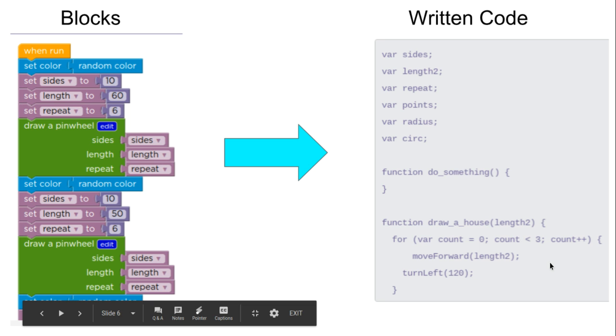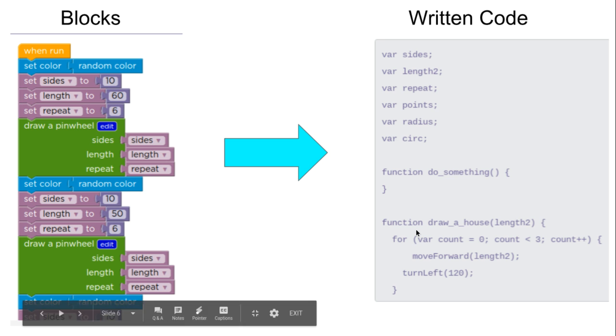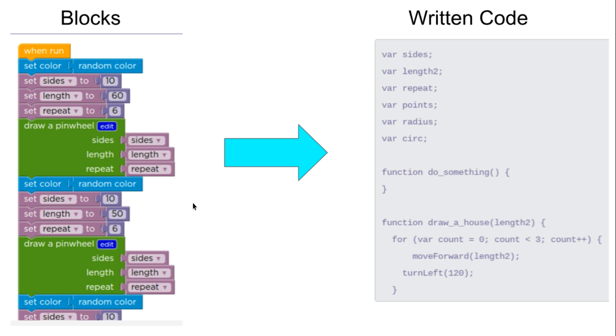Now this is JavaScript, and this is what it would look like if we actually wrote this out. But on code.org, we're going to be using the blocks to make it a lot simpler instead of writing all this out, because this would take a while and it's quite hard to learn. As you can see, it looks kind of confusing. So instead of taking all that time to write it out, we have the blocks that make it a lot simpler and more fun.